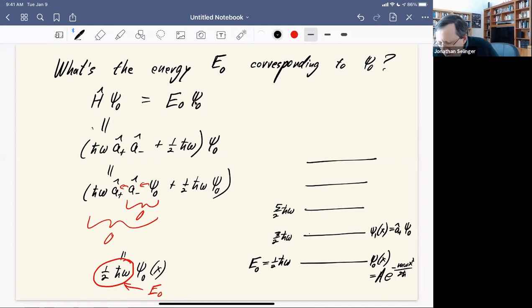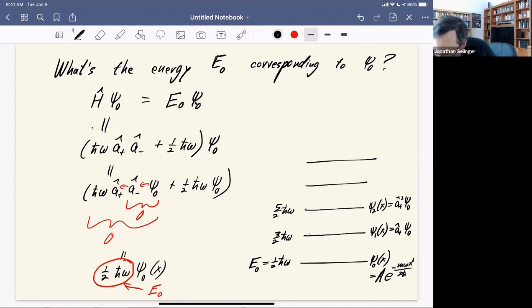Maybe we don't know what that is yet, but we know what the A plus operator is. We know psi 0, so we'll just let it operate and see what we get. And then psi 2 of x is A plus acting twice on psi 0.